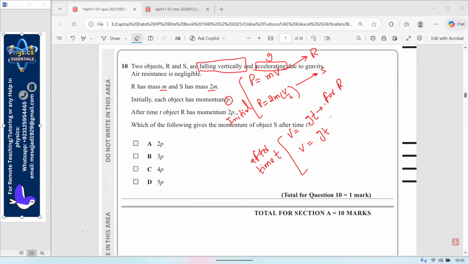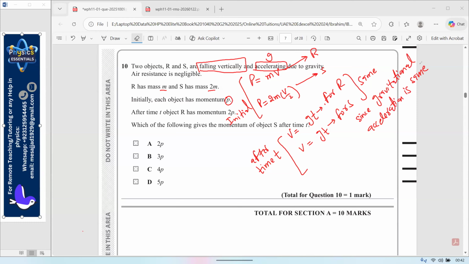It is the same for R and for S, because the gravitational acceleration is the same.